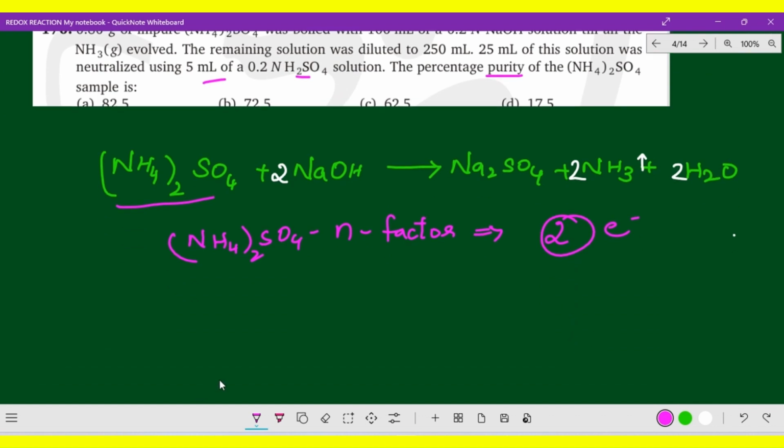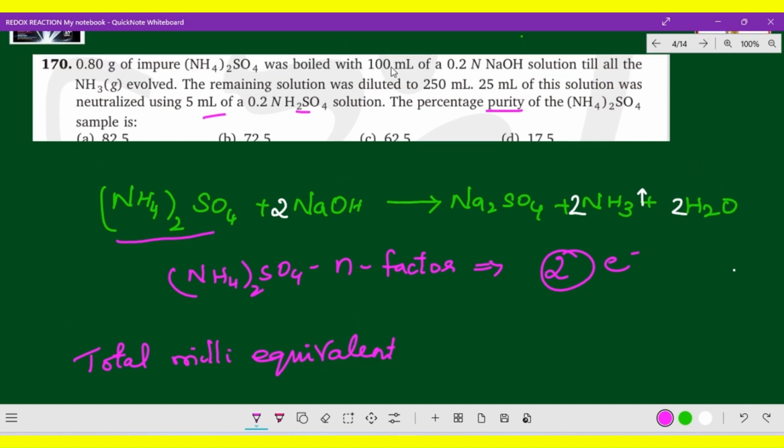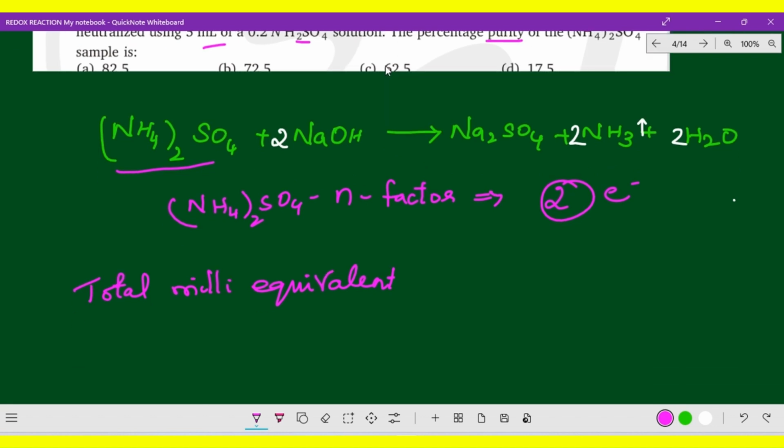Now I just mentioned total milli equivalent of sodium hydroxide. Here sodium hydroxide only is reacting with that ammonium sulfate. Why I mentioned milli: here they mentioned ml only. So total milli equivalent of NaOH, how much is it? How to find out milli equivalent of so and so? Volume into normality.